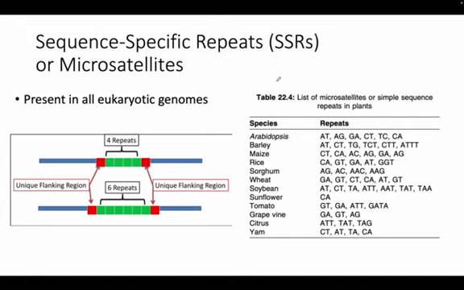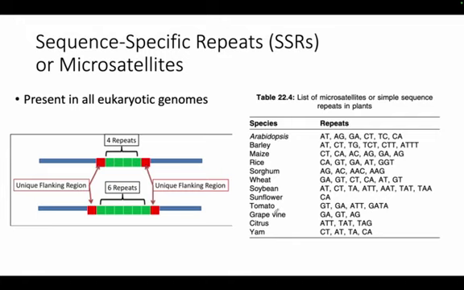Another kind of molecular marker is called a simple sequence repeat, an SSR, or a microsatellite. These are regions of DNA which are present in all eukaryotic genomes, basically highly repetitive stretches, and the nucleotides that are present in this repeat are different in different species.